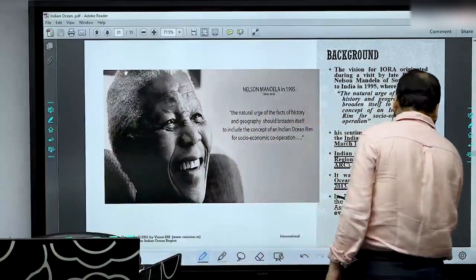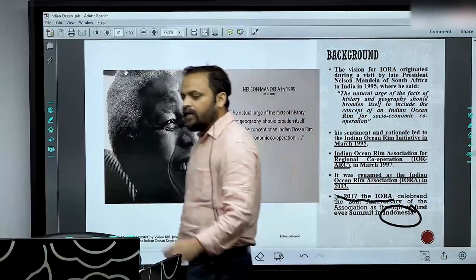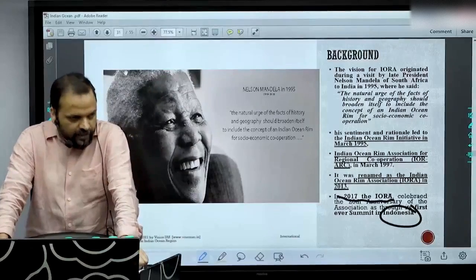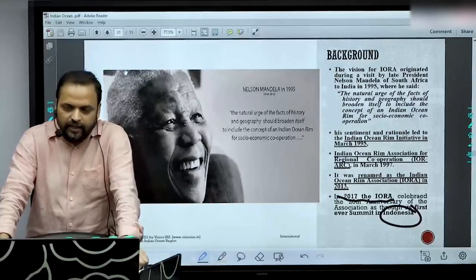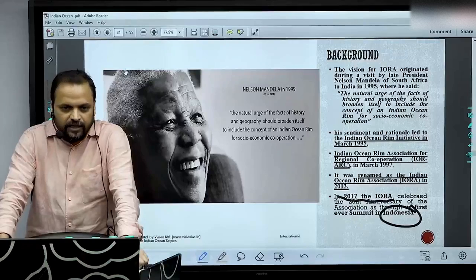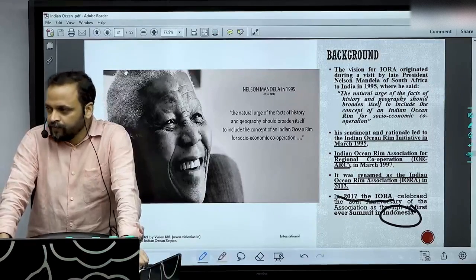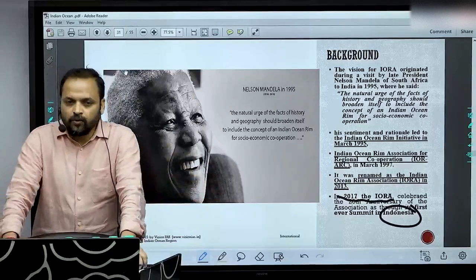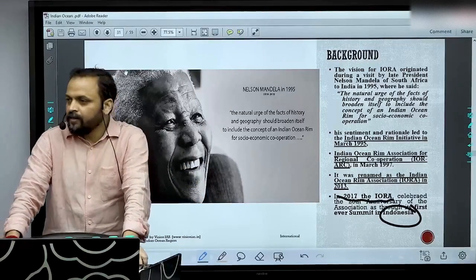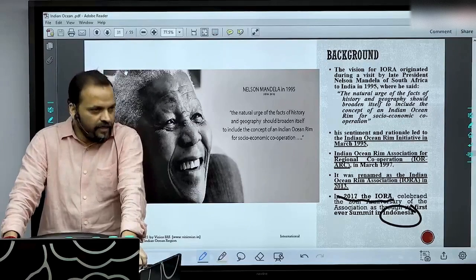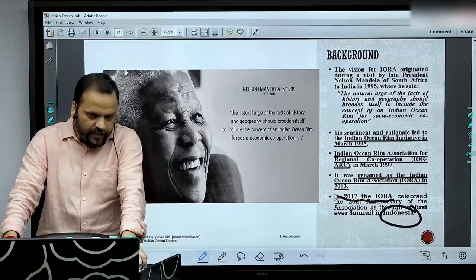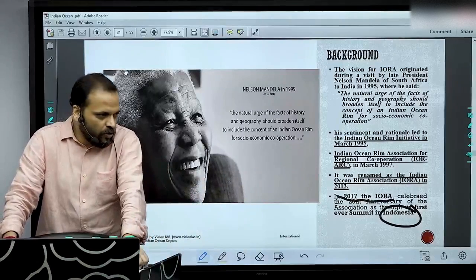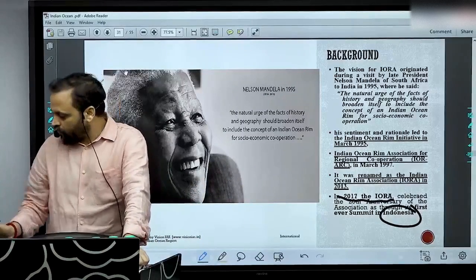So again, this is one organization, as we have learned, India would need to focus on in order to promote its SAGAR approach or in order to strengthen its approach as a net security provider. क्यों? 1-to-1 अप्रोच बहुत सारे देशों के प्रति आपका है, लेकिन यहाँ पे कितने मेंबर्स हैं? 23 members. So it is covering the entirety of Indian Ocean region in one organization, one grouping, and India historically is associated with this organization, helping in its formation.